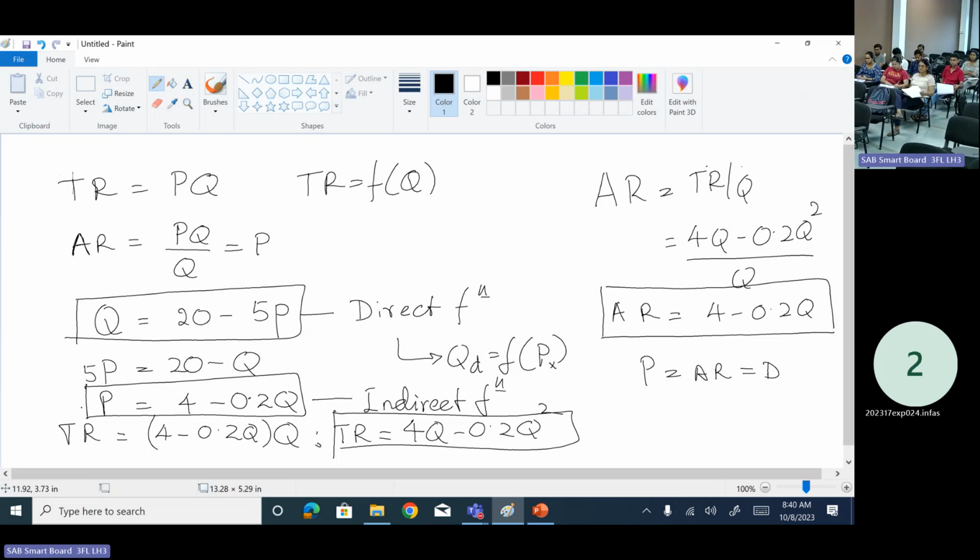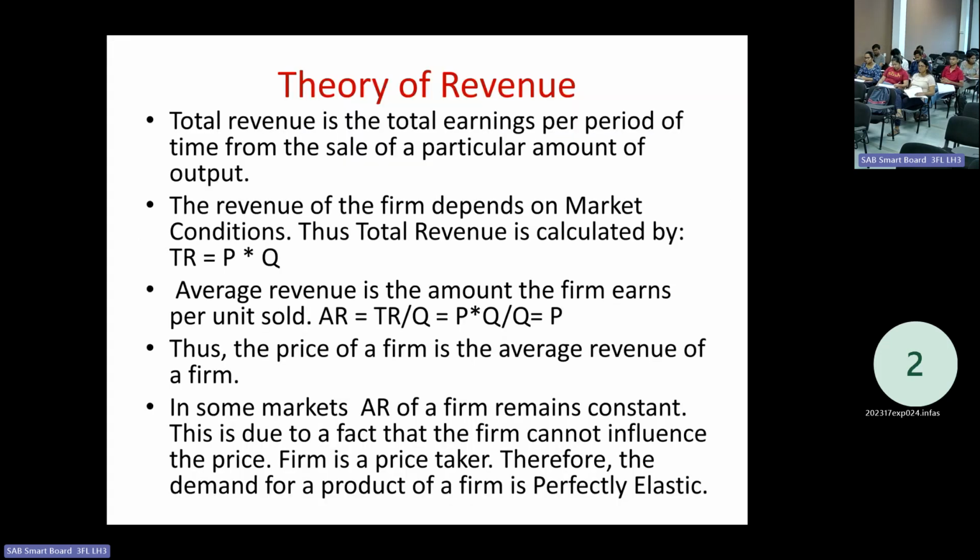So that is the average revenue, in terms of per unit. Now we take the price equals the average revenue, which varies depending on the market situation. In some markets, if average revenue remains constant, that means the price is constant, because price equals average revenue.